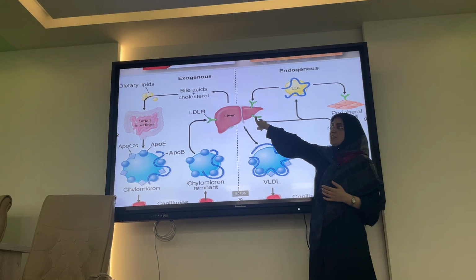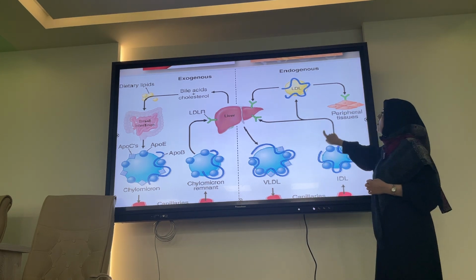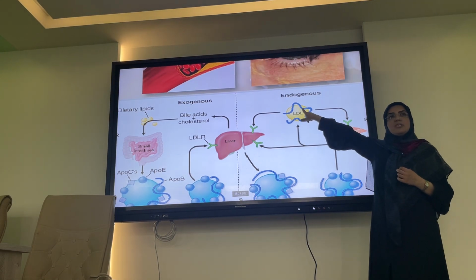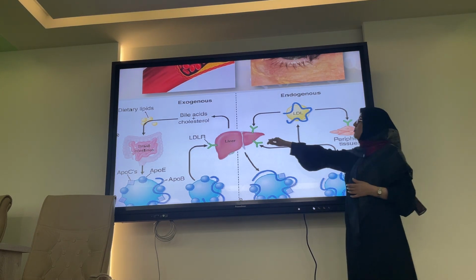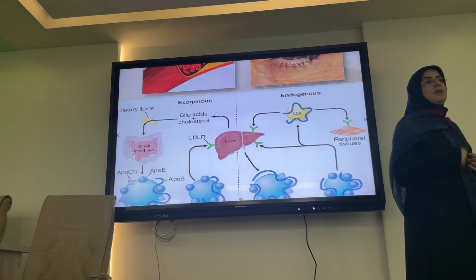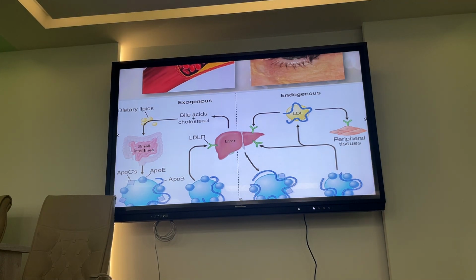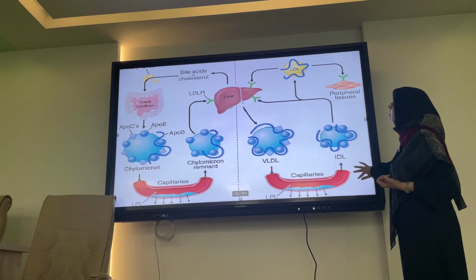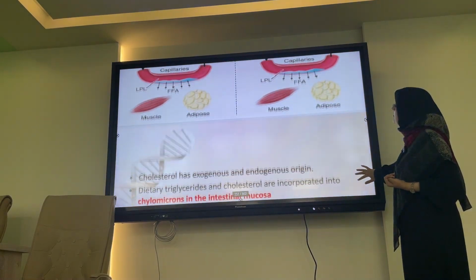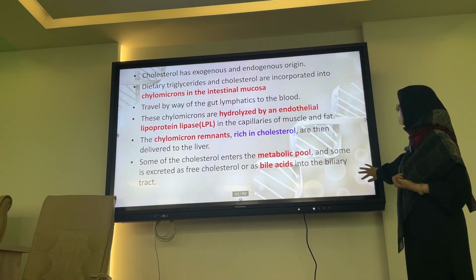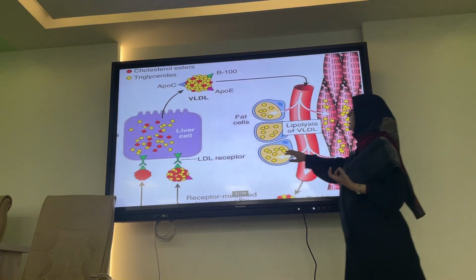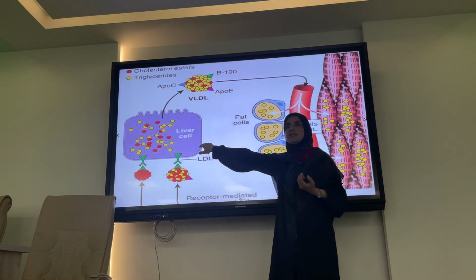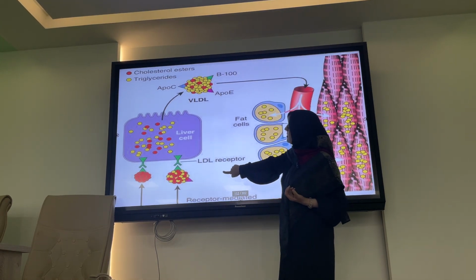IDL can directly attach to the LDL receptor or convert to LDL, low density lipoprotein, and again attach to the LDL receptor, go inside the liver, be secreted inside the bile, or be used for the energy that the cell needs.